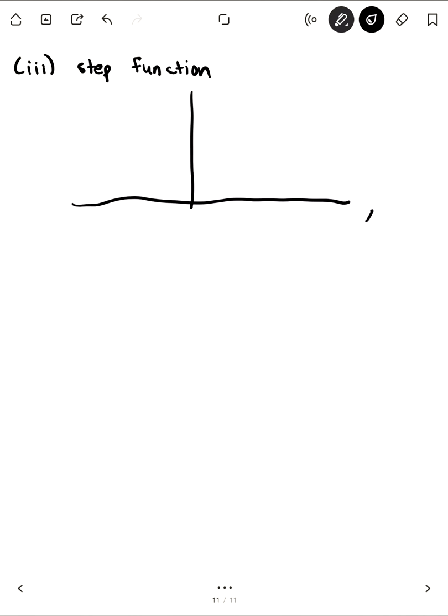Three is a more general version of the characteristic function we just talked about, but this is called a step function. And without getting too rigorous here, I'm just going to draw a picture of an example of a step function. So let's say -2, -1, 0, 1, 2.